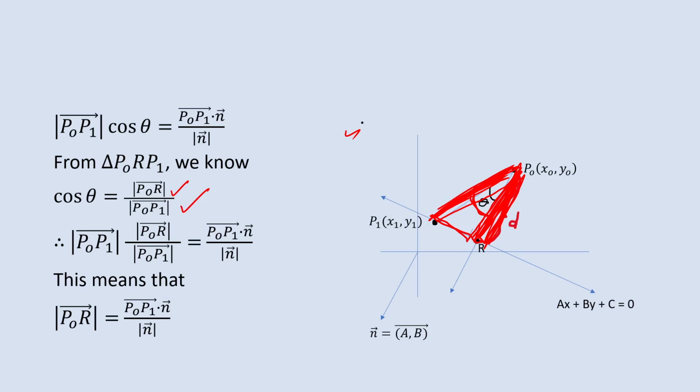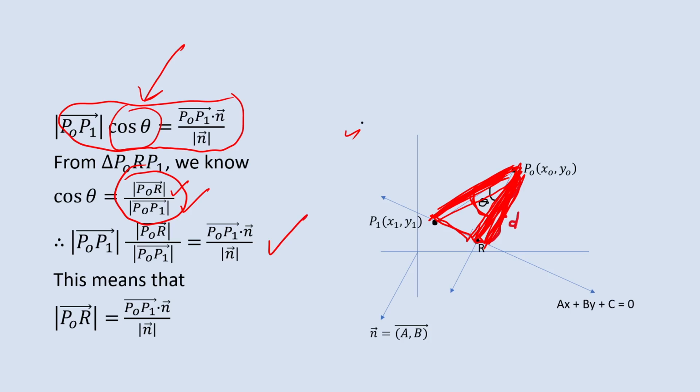So since we know this formula, as stated earlier, and since we've just established that this cos theta is equal to the magnitude of P naught R over the magnitude of P naught P1, we can substitute that in, and that'll give us this equation right here.